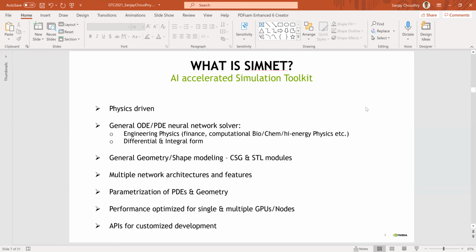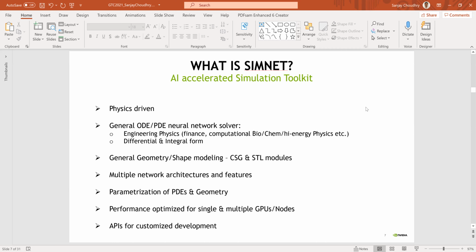And the typical area of application here is in engineering physics, although one can say that the same process can be applied in other areas of science and even business for that matter. We have implementations in SimNet both in the differential as well as integral forms, the variational form that is, which brings us closer to some of the existing numerical schemes.